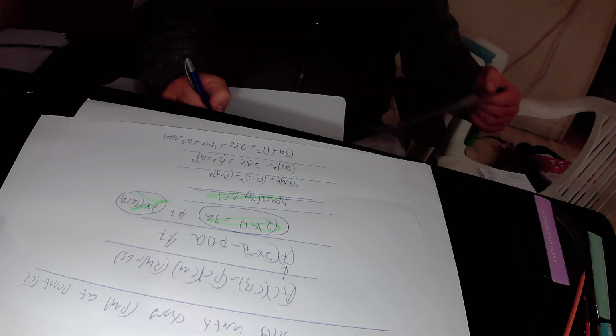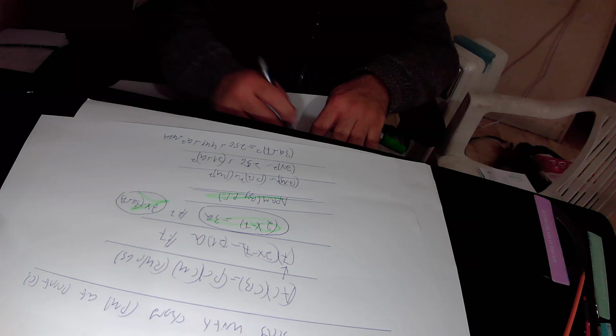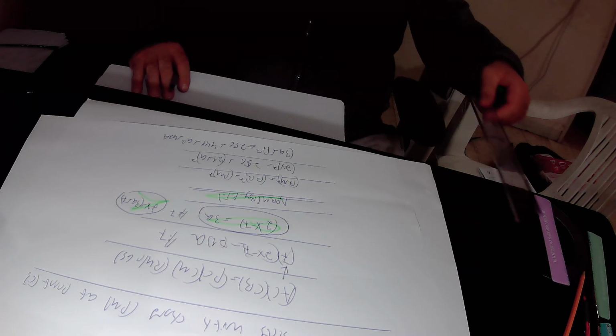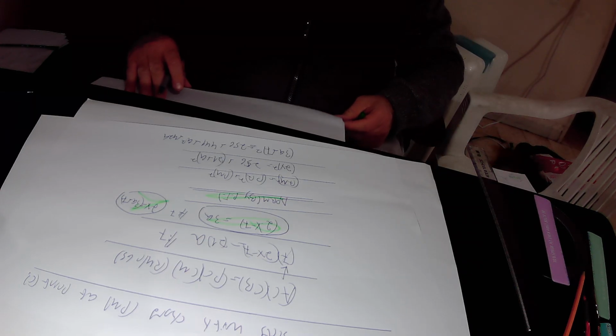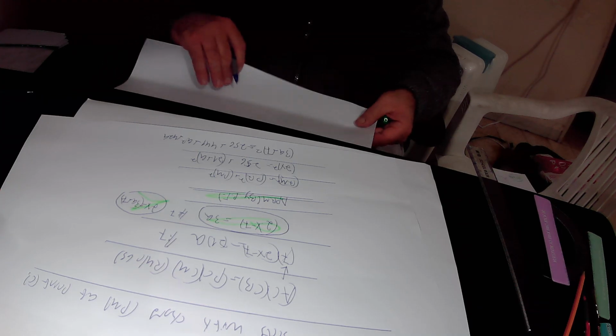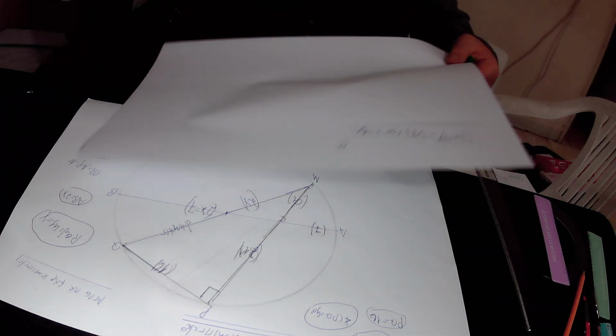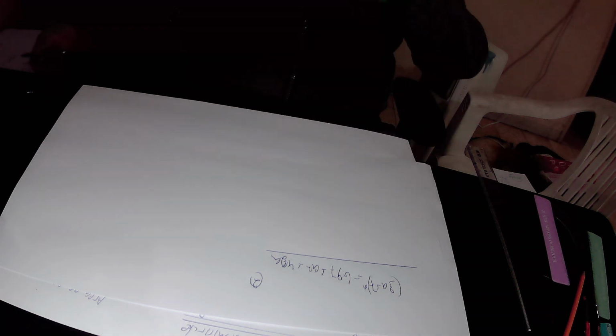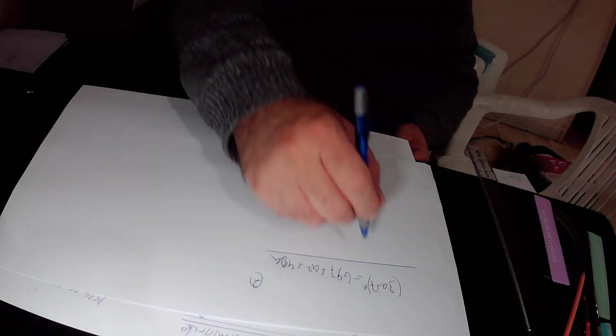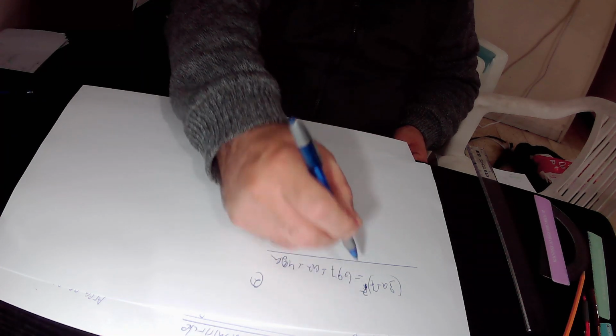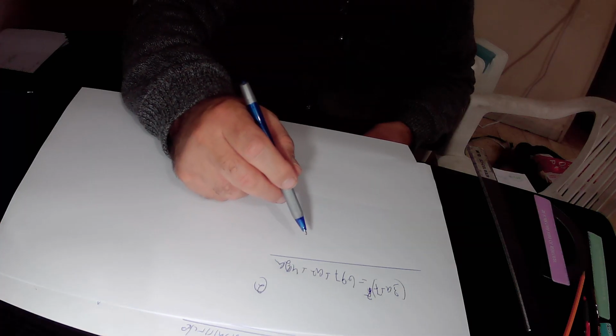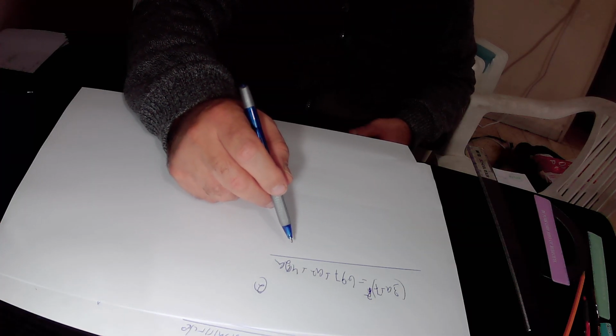So we found out that 3a plus 7 squared equals 697 plus a squared plus 42a.